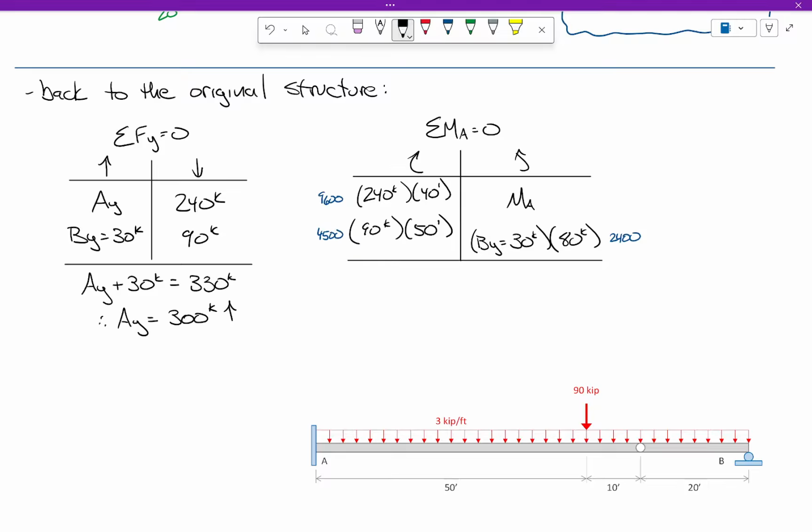So this is, let's see, 14100 equals MA plus 2400 foot-kips. Therefore, MA is, what do we get? Is that 11,700? Is that okay? Is everybody okay with that?